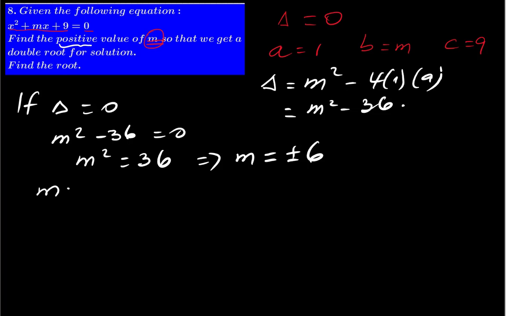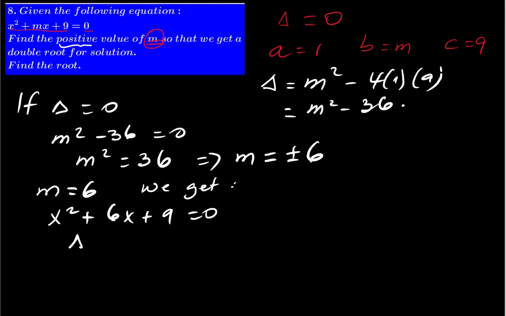But the problem says the positive value, so we take 6. So when m is equal to 6, the new equation will be x squared plus 6x plus 9 is equal to 0, and we can find another delta. We call it delta 1 is equal to 36 minus 36.